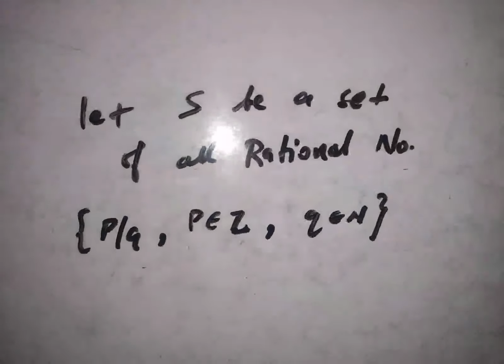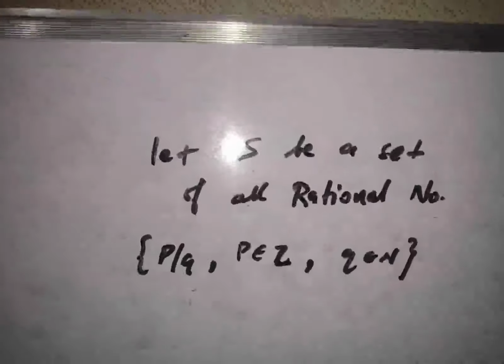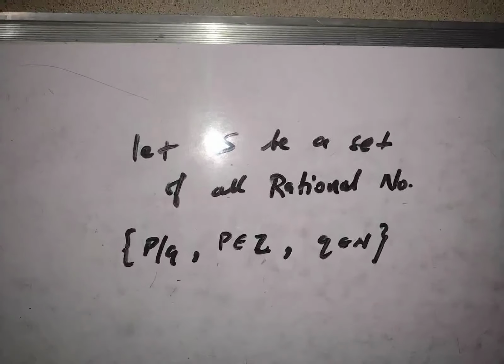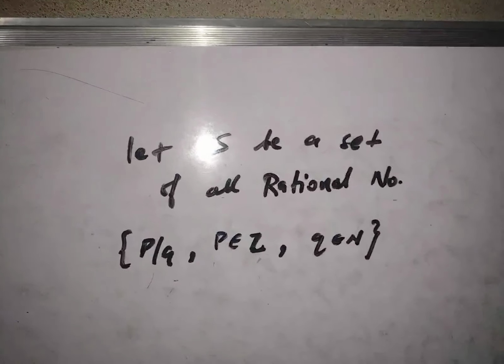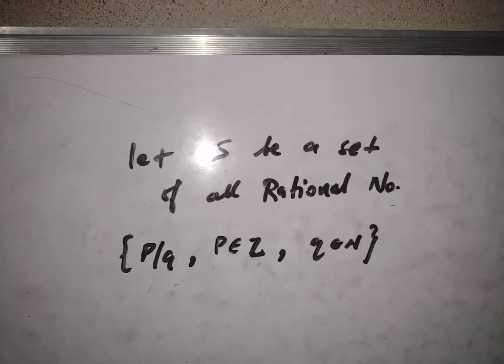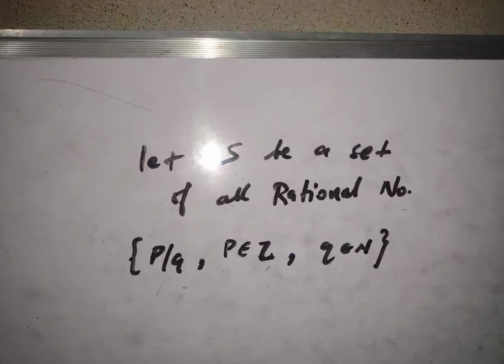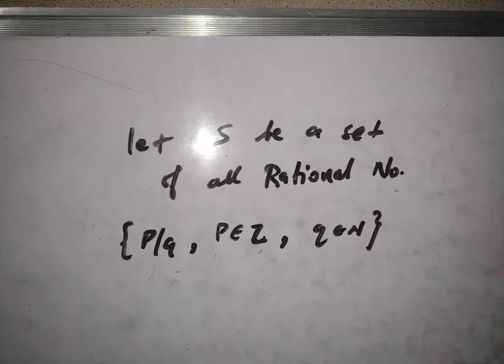So that's another way to represent all rationals. I think that's the most important thing we learned in the first lecture. Now let's continue the second lecture.